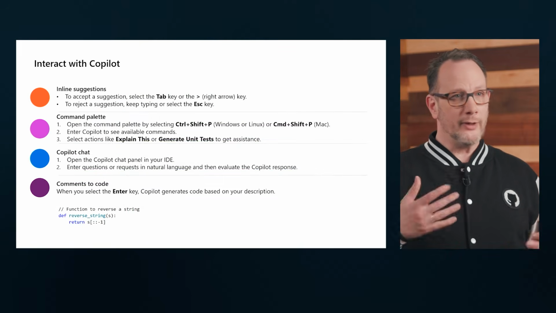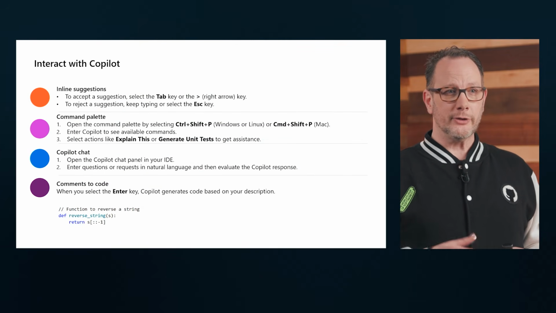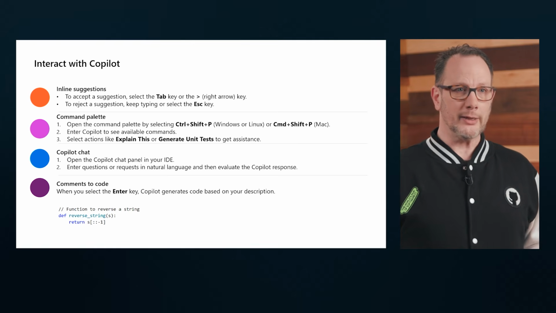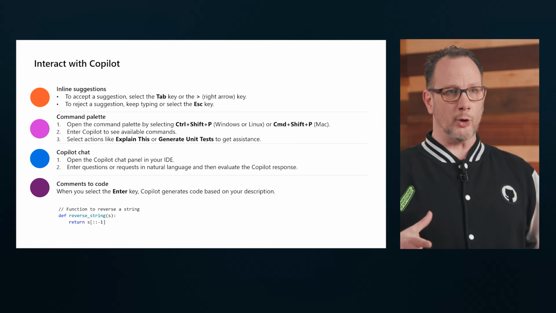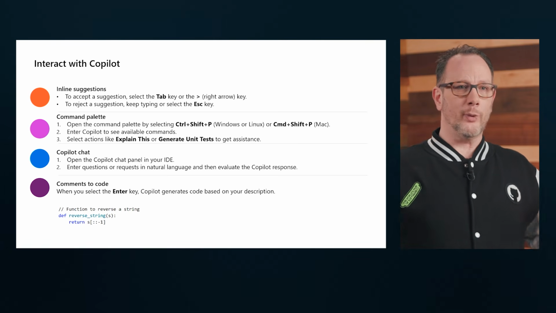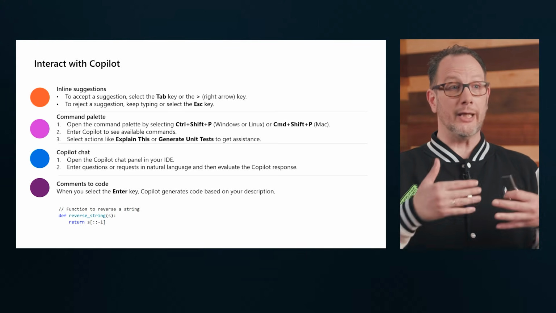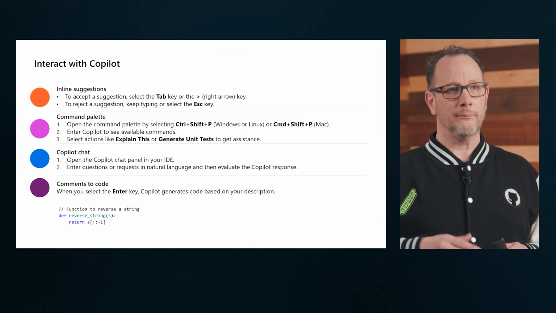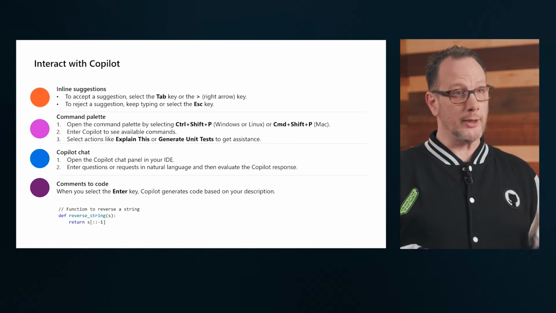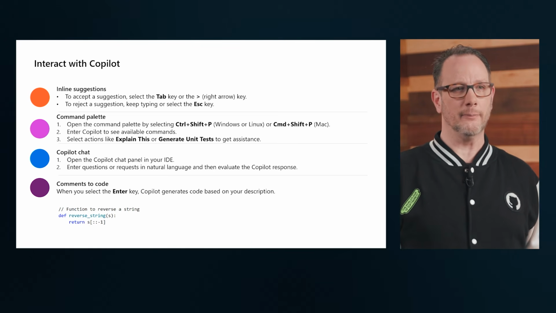So here we're moving a little bit more into the practical ways you interact with GitHub Copilot throughout your development process. When you're working inline with code, suggestions appear naturally while you're typing, and you can choose to accept, ignore, or ask to refine them.